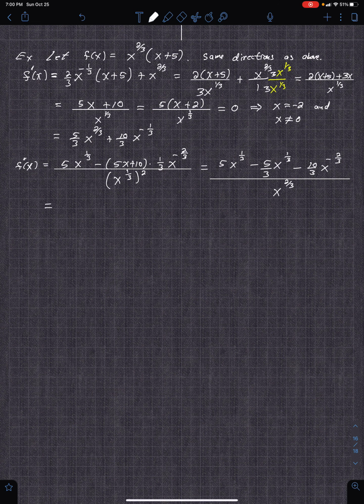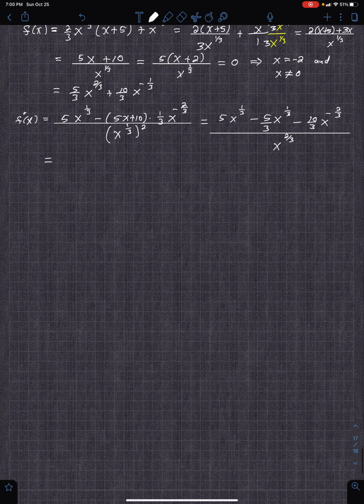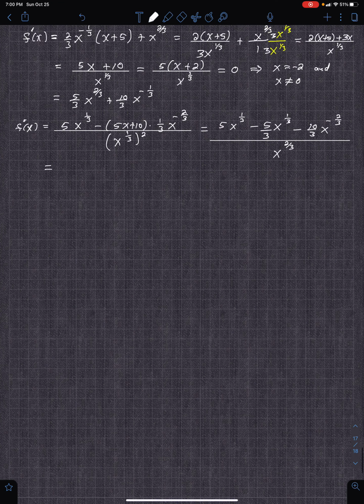I think the other form might have been better, now that I look at this. But that's okay. That's what I meant earlier, you've got to try different methods and see what works better. So now just add this up, right? So you have basically 15/3 minus 5/3 times x to the 1/3.